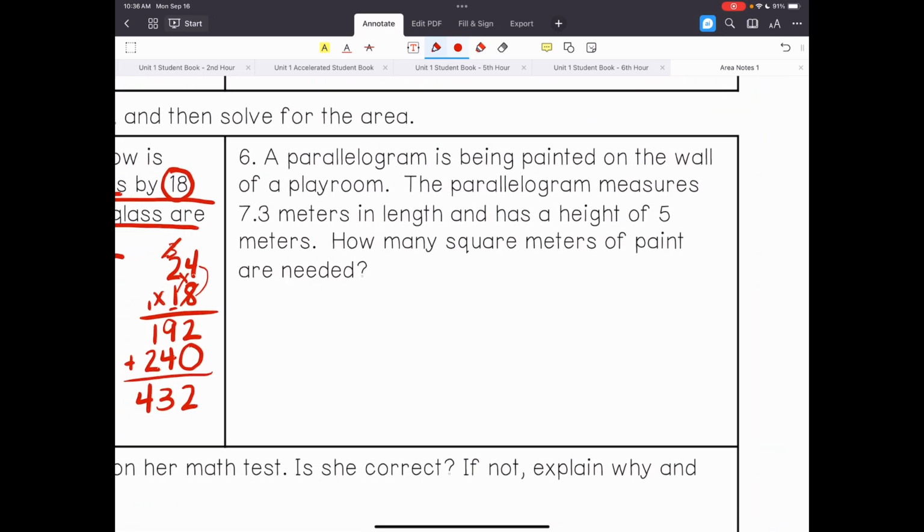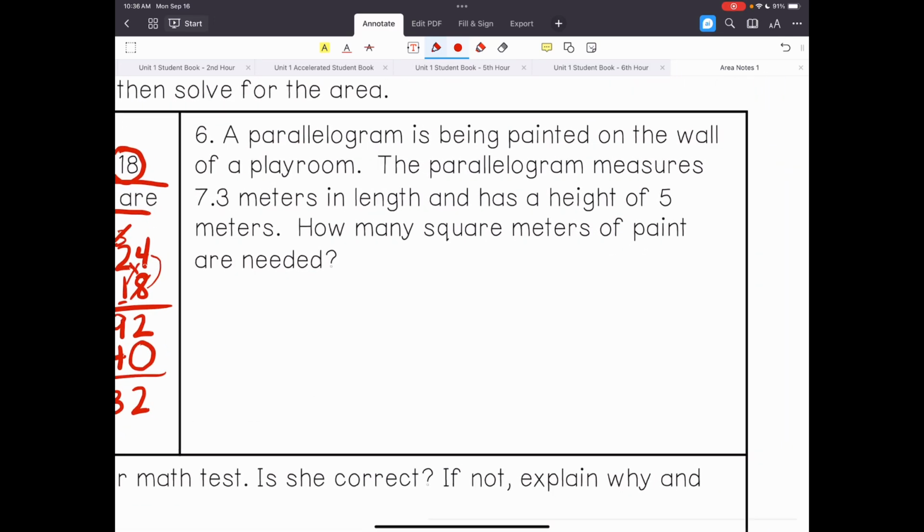Okay, a parallelogram is being painted on the wall of a playroom. The parallelogram measures 7.3 meters in length and has a height of 5 meters. How many square meters of paint are needed? So again, we're going to go through, we're identifying that we're doing a parallelogram painted, and the parallelogram measures 7.3 meters in length, but that's the same as the base, and then it has a height of 5 meters.